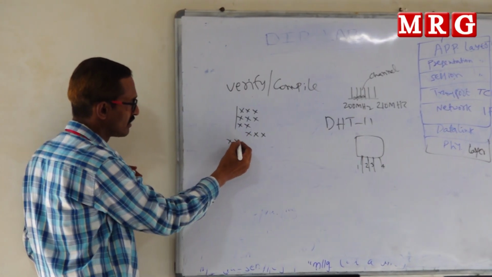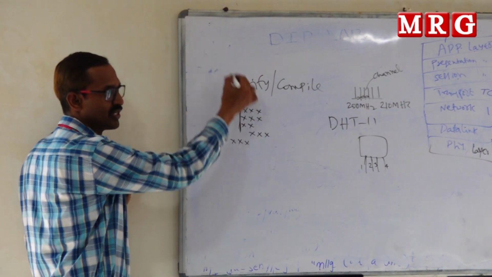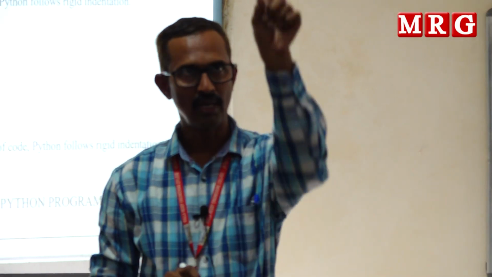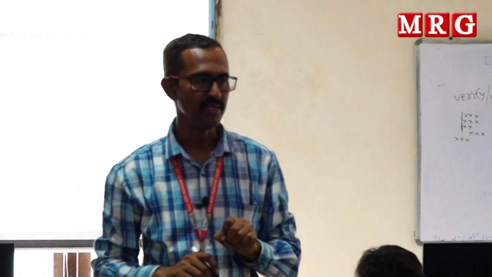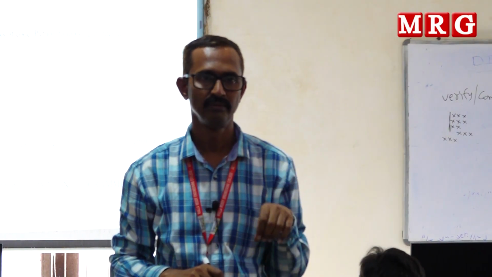Or if you have written it like this, you get an error, because this is called indentation. All lines of the code, all statements in the function, should be in line.